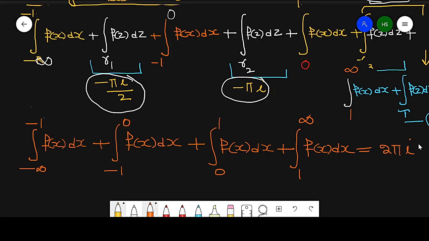So I take these values to the right hand side.